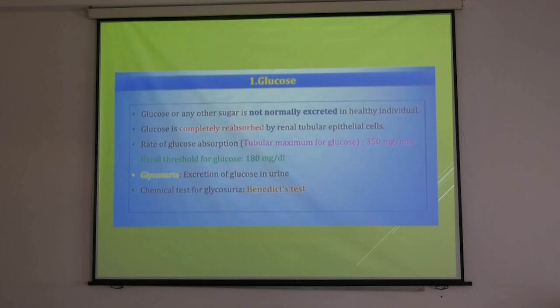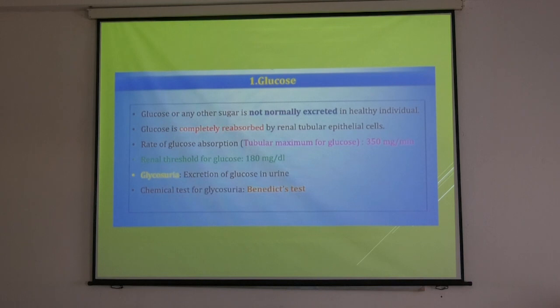So what is renal threshold for glucose? When the glucose level is more than 180 milligram per dl, the proximal convoluted tubule cannot absorb all the glucose back and send it back to the peritubular capillaries. So if the glucose level is more than 180 milligram per dl, it will be excreted through the urine.